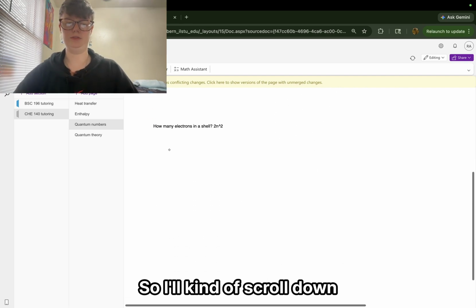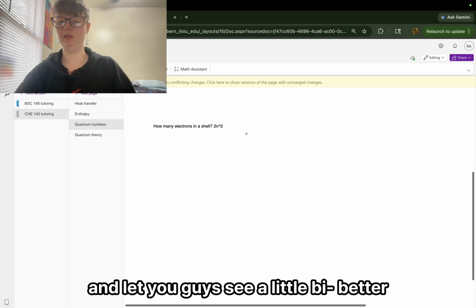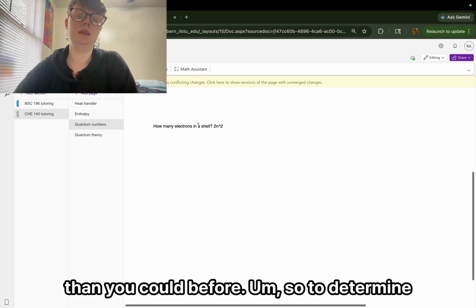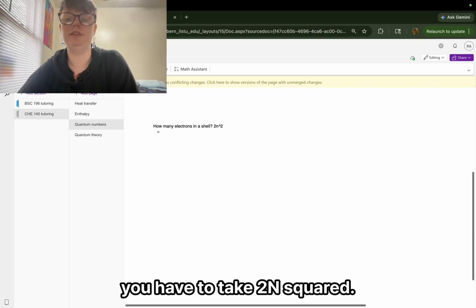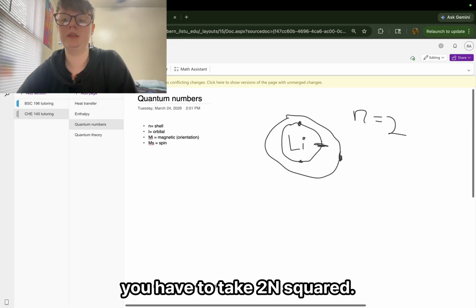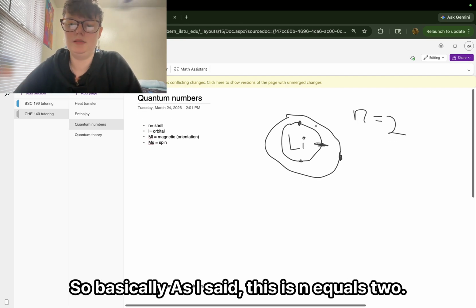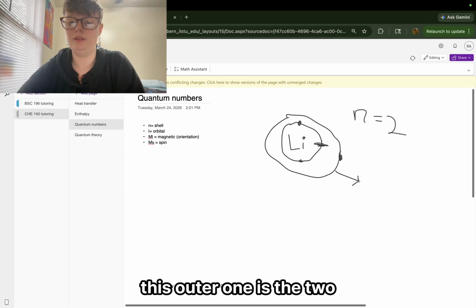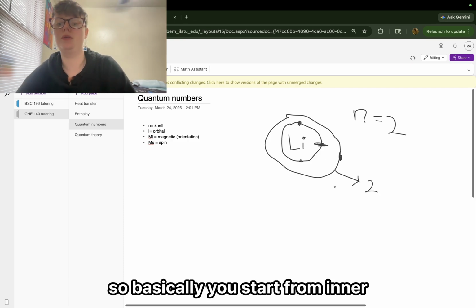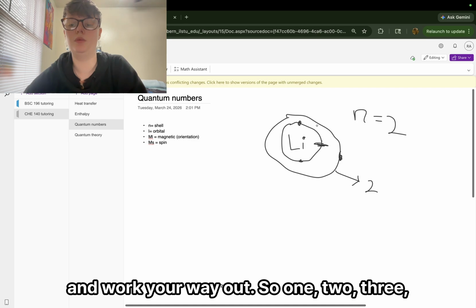I'll scroll down so you can see a little better. To determine how many electrons can be held in a shell, you take 2n squared. As I said, this is n equals 2, because this outer one is the 2. You start from the inner shell and work your way out: 1, 2, 3, and so on.